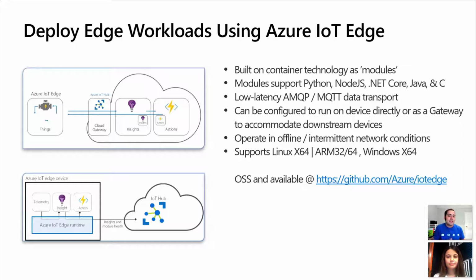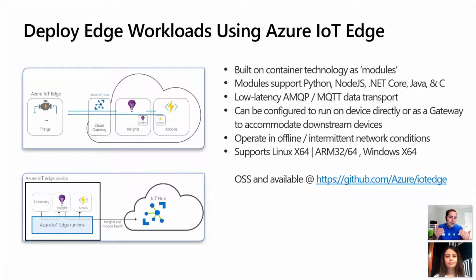And within these modules, there is support for first-class SDKs that can communicate with the Azure backend services. And these support first-class languages like Python, Node.js, .NET Core, Java, and C. And to ensure that we can get our data from the device to the cloud in the fastest way possible, we do employ data transport mechanisms such as AMQP and MQTT.